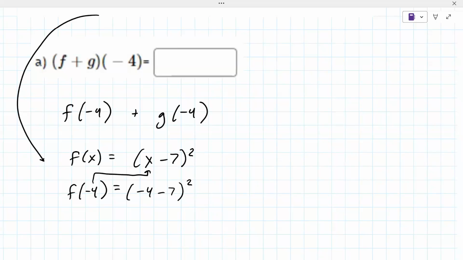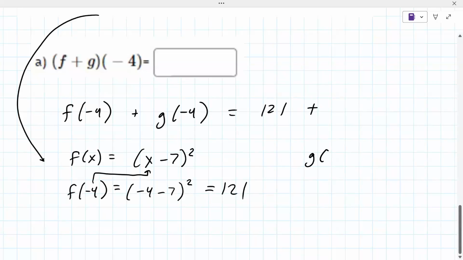Do you have a result here for me? Yeah, I don't know why it's not negative 4 minus 7 squared. I got 121. 121, perfect. Okay, so that's f of negative 4. f of negative 4 is 121.